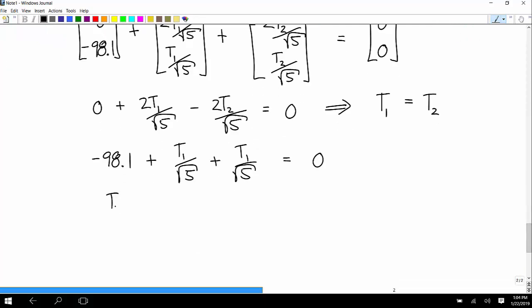And then we can calculate T1 is equal to about 109.73 newtons. And that's also equal to T2 because we found out those have to be the same.